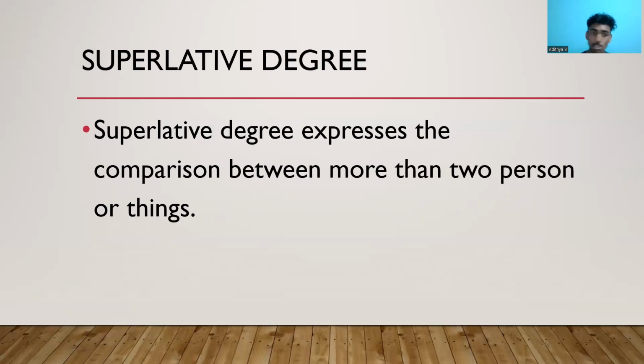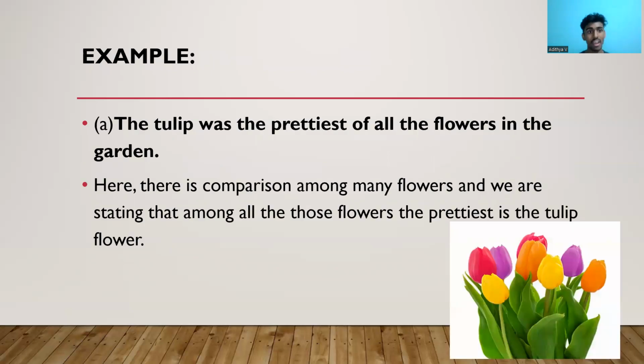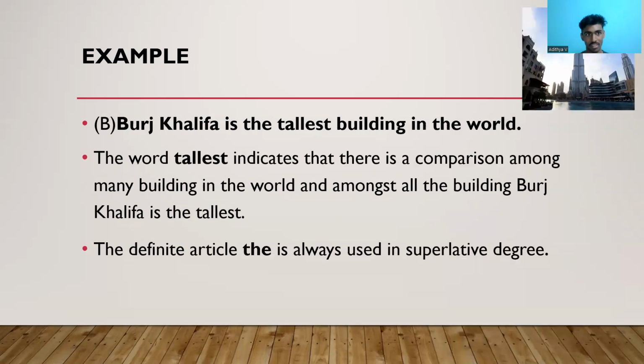Superlative degree. Superlative degree expresses the comparison between more than two persons or things. Example, the tulip was the prettiest of all the flowers in the garden. Here, there is a comparison among many flowers, and we are stating that among all those flowers, the tulip is the prettiest flower.